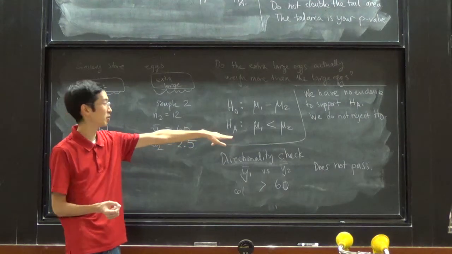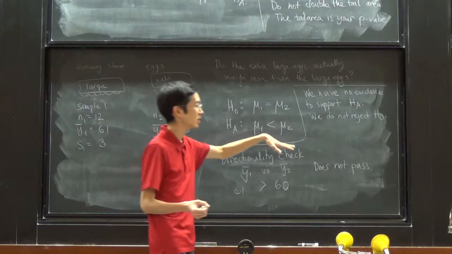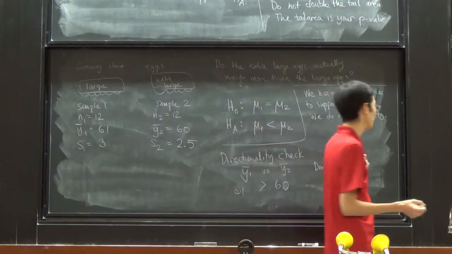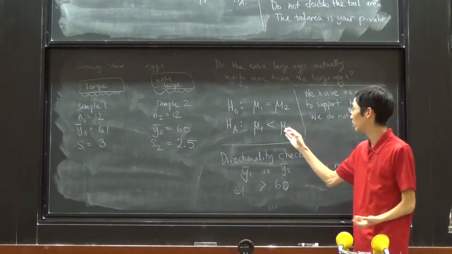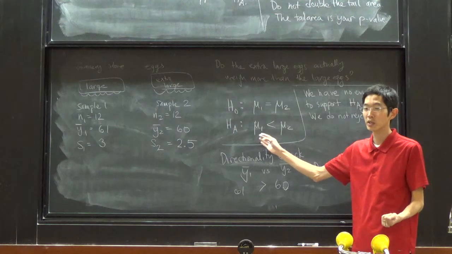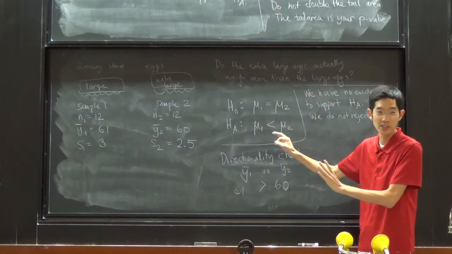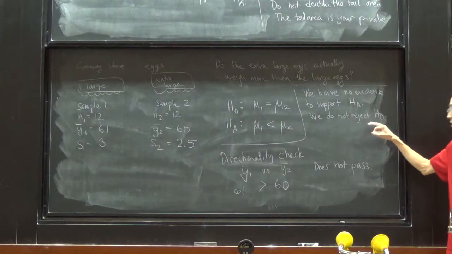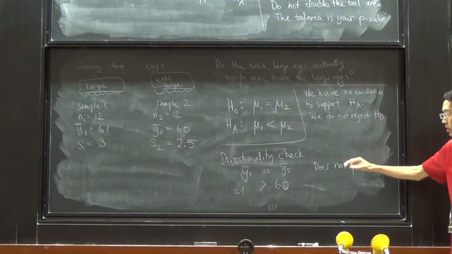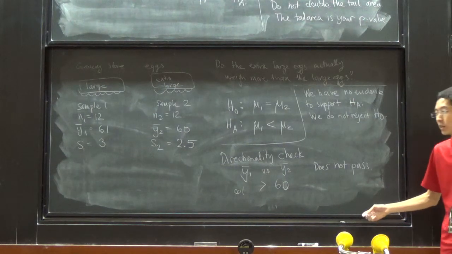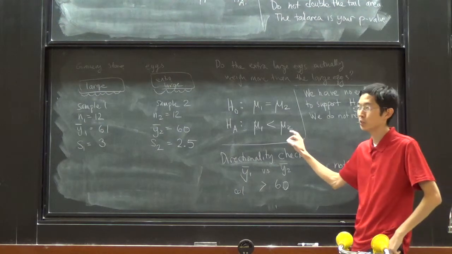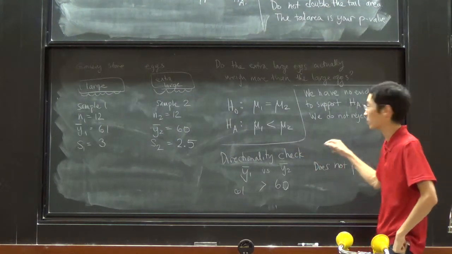So more extreme means what's the probability of getting our data or something more extreme where mu2 is larger than mu1. So in this case, well, whatever it is, okay, because we did not reject the null hypothesis and we didn't pass a directionality check, our p-value is going to be over 50%. Okay?